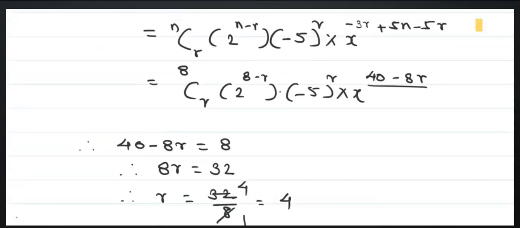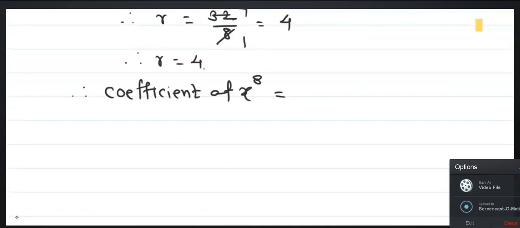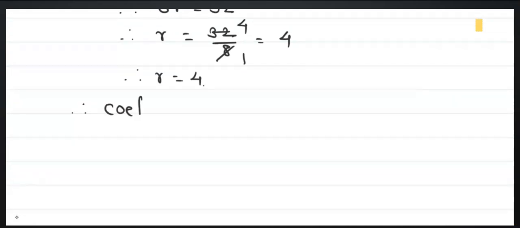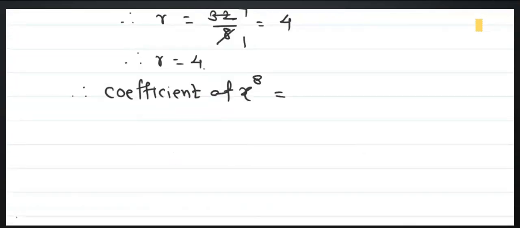Coefficient of x raised to 8 in the expansion, that is, we want to find the coefficient. You can see this here. Now the coefficient of x raised to 8. This is important, that my underline was important.